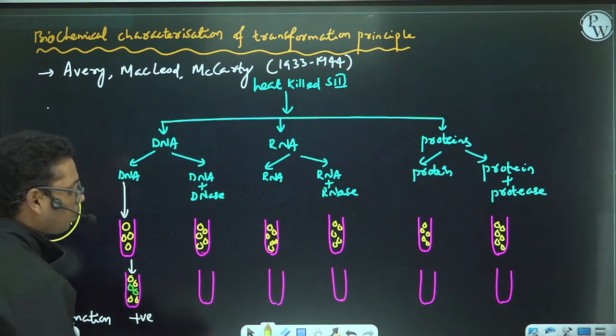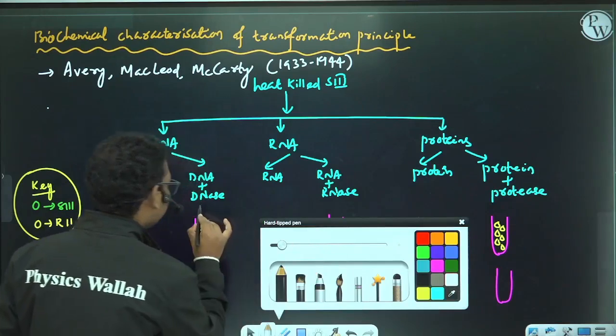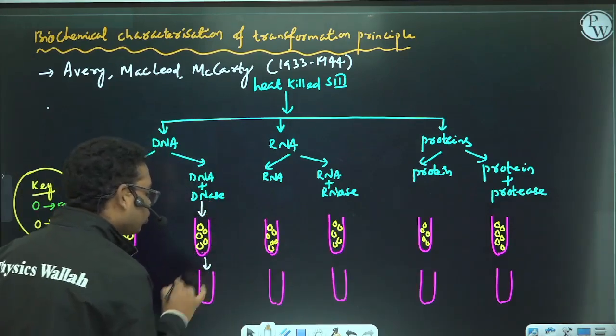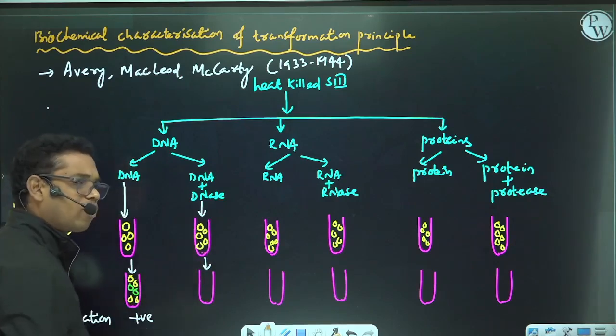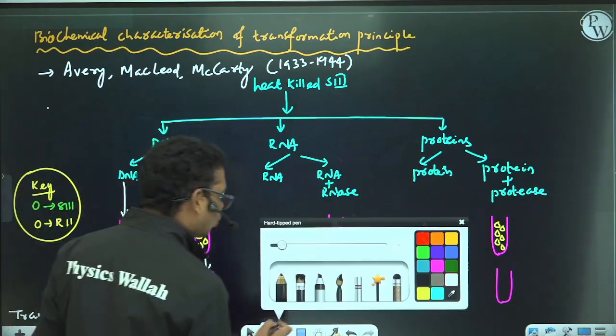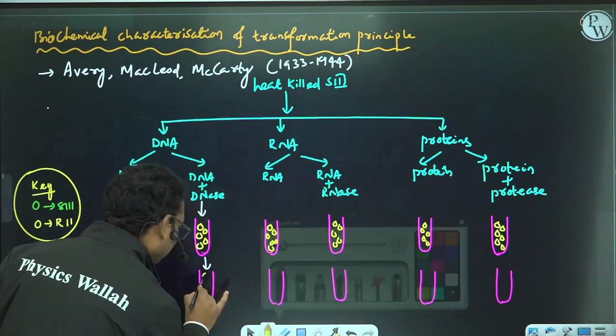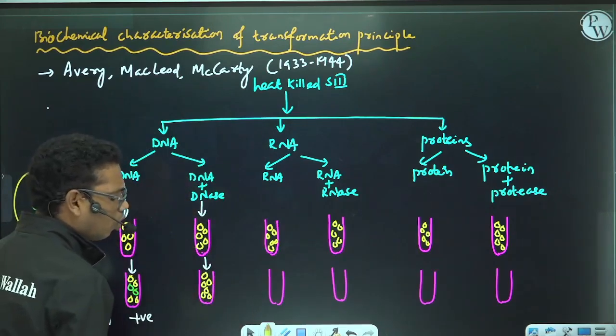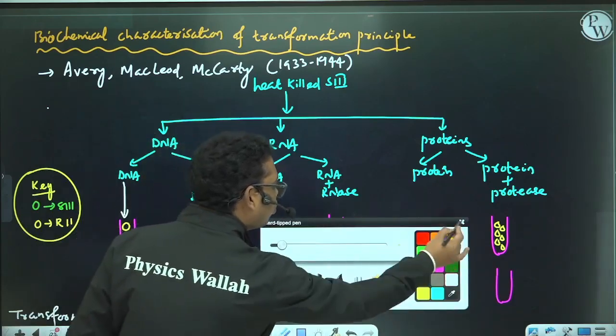Okay, now in this case, when they injected DNA plus DNase, they found that there was no change in the form of the bacteria. So only R2 form of bacteria were observed. That means there was no transformation.